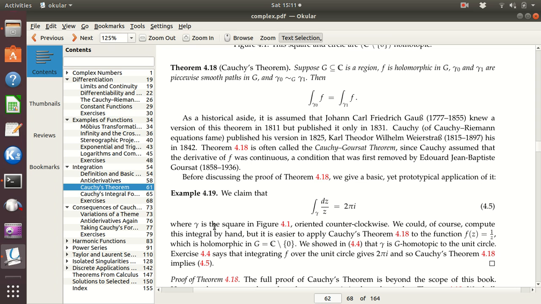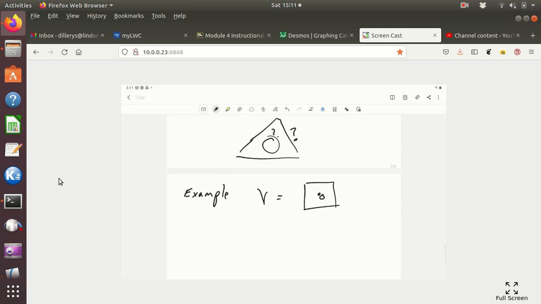So gamma is the square in figure 4.1, oriented counterclockwise, and so we're doing a square, and they say, okay, I want to do this integral over gamma of 1 over z dz, but in this region, if we call our region the complex plane without 0 in it, then f here, 1 over z, is holomorphic.